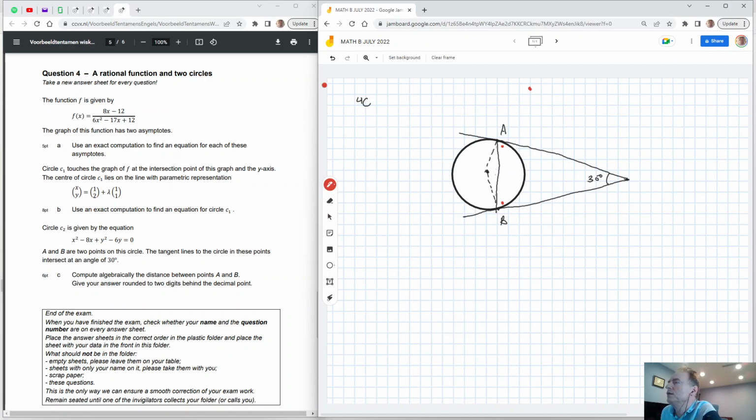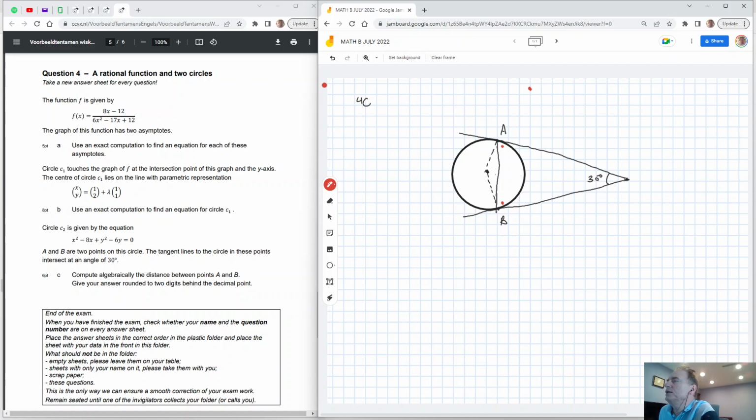And if we know that, we can actually find the angle opposite of AB, of this small triangle here, from the center of the circle. If we know this angle, and since we know the radii here, we can use the cosine rule to figure out what the length of AB is.